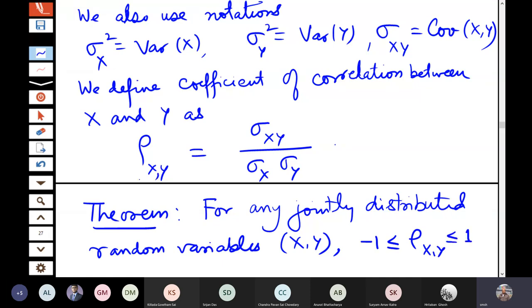Okay, it always lies between -1 and 1. So let me look at the proof of this.